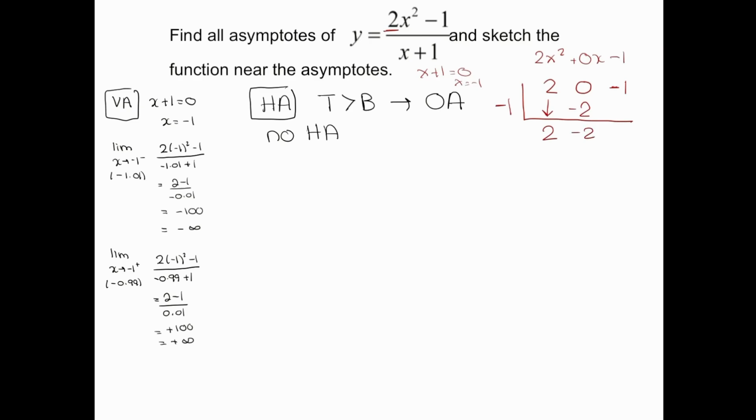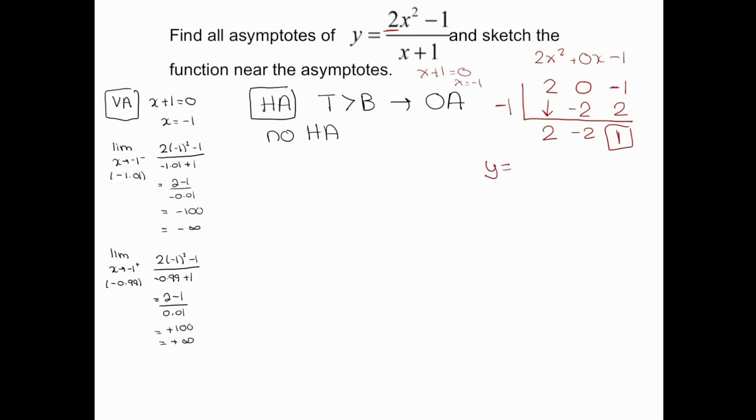And -1 times -2 gives me +2. -1 plus 2 leaves me with a 1 on the end. I have a remainder, so it didn't factor fully, but that's okay because I'm not overly concerned about what's happening there.